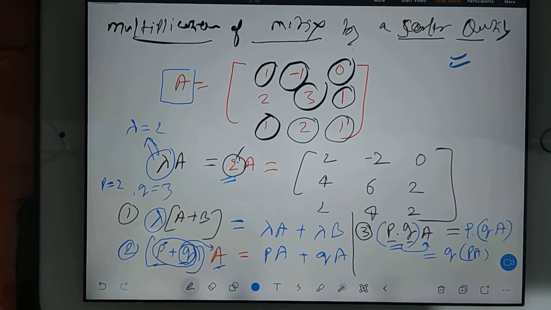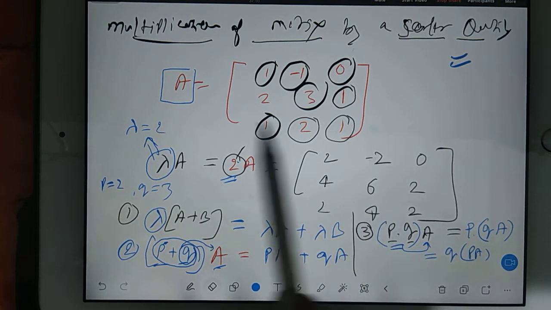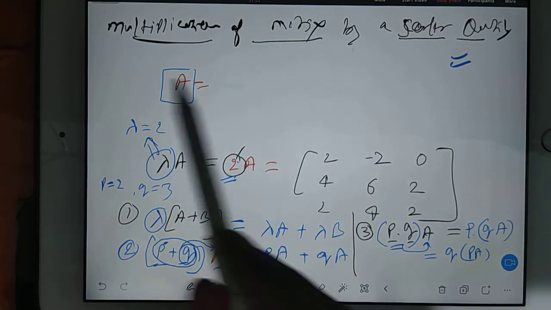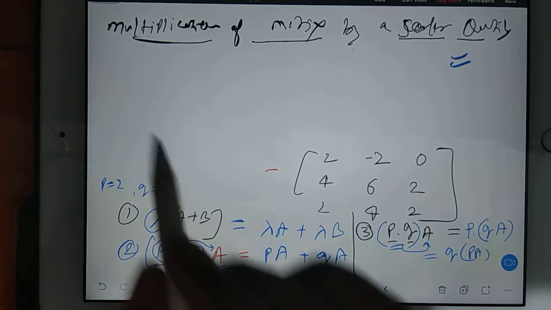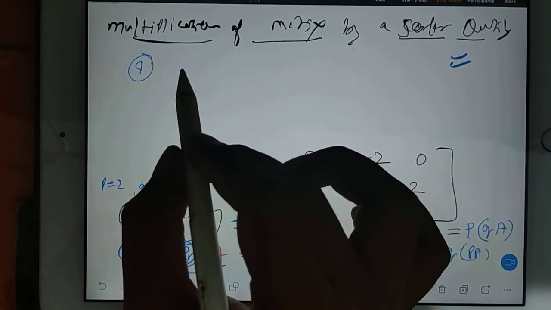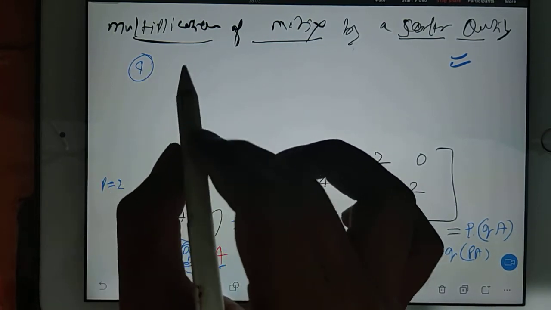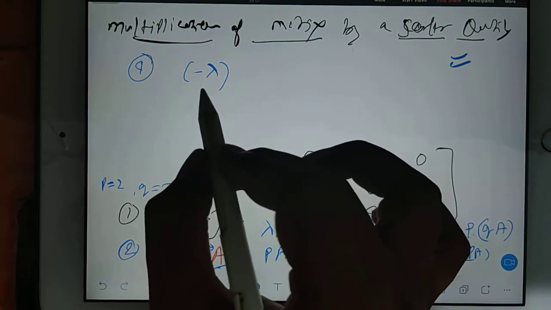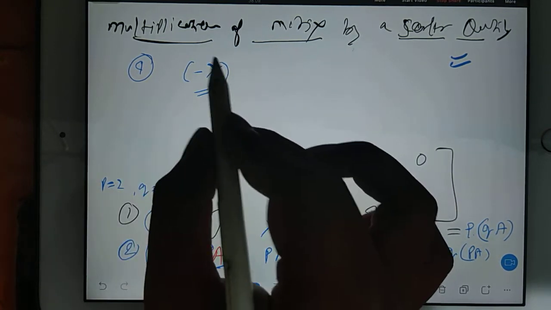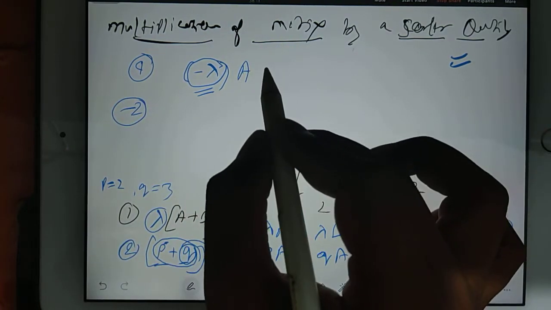Now you should have all these basic concepts very clear. Now I am giving the fourth property. I am erasing this. In the fourth property, suppose you have a negative scalar quantity, say minus 2, which I write as minus lambda, and I want to multiply it with the matrix.